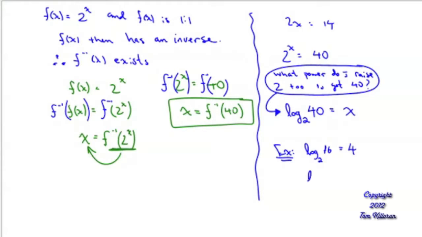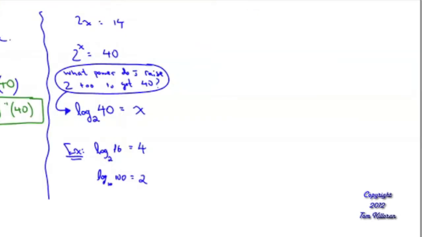If I write log base 10 of 100, what power do I raise 10 to get to 100? 2. 10 squared is 100. If I have log base 5 of 125, 3. Because 5 cubed is equal to 125.